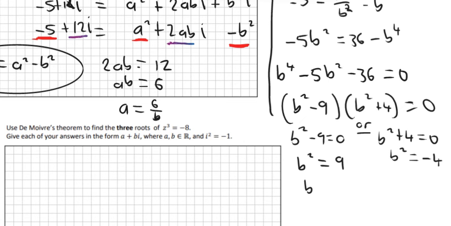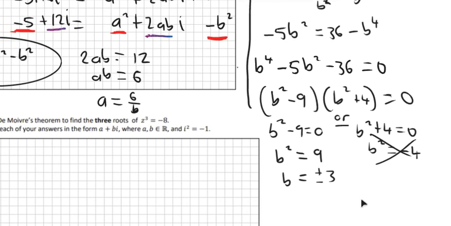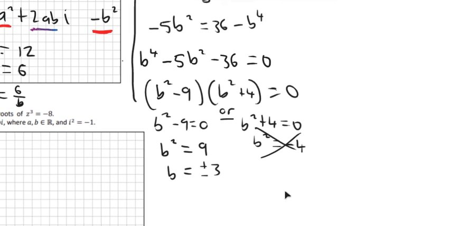If b squared is equal to 9, then b has to be equal to either plus or minus 3. It could be either of them. Now the other part says that b squared is equal to minus 4. So b squared can't be equal to minus 4. Therefore we can't have that. So b is plus or minus 3.